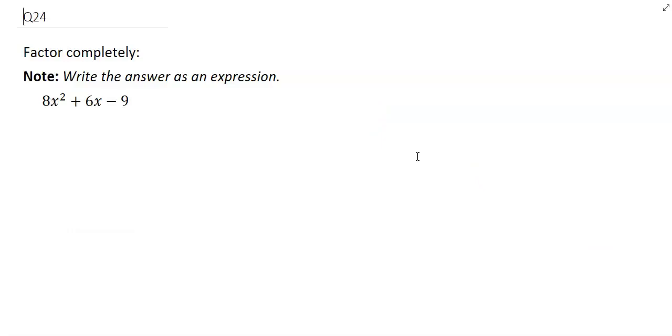Write the answer as an expression, factoring completely. This is a trinomial. The lead coefficient is 8. We have two different methods that we use.